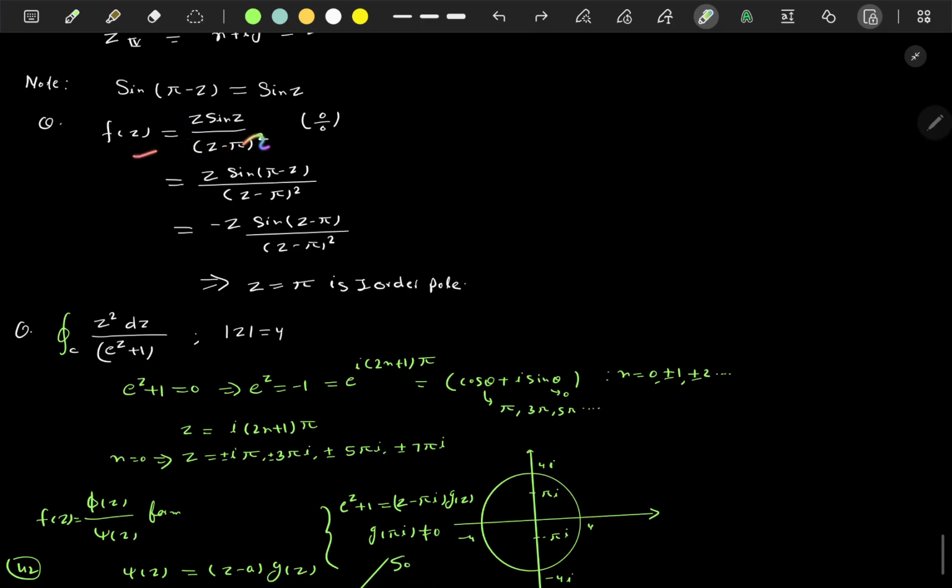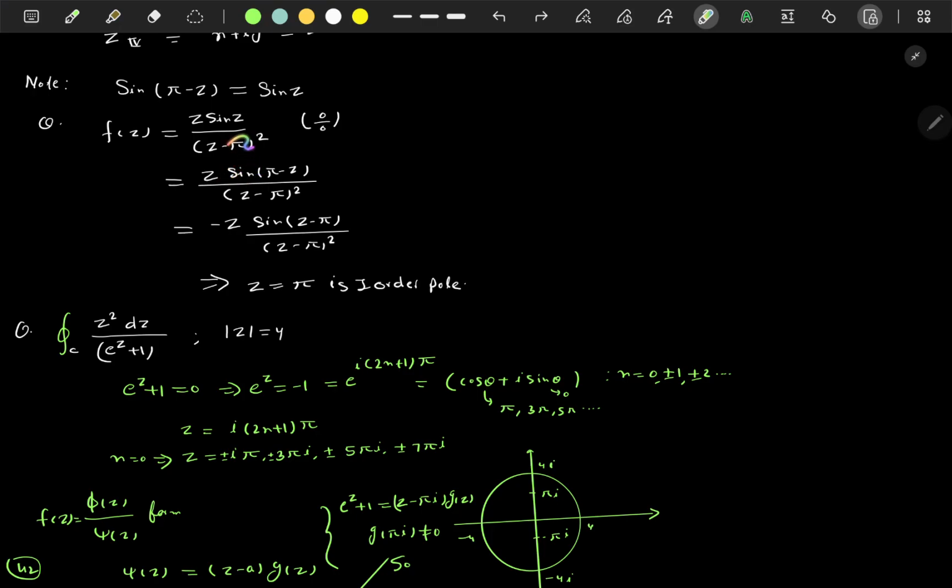You can also check from here, like if you look here, the answer is z equal to pi and second order pole, but you know sin z is there. So there are two ways. If you put the limit, it's 0 by 0 form, and if you expand it as we explained earlier, sin z by z form will give you first order again and again.